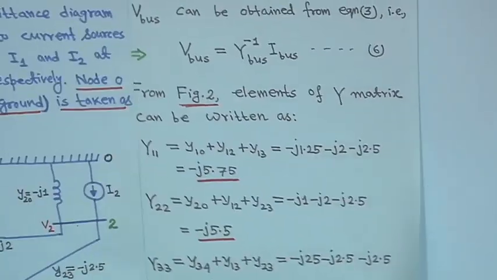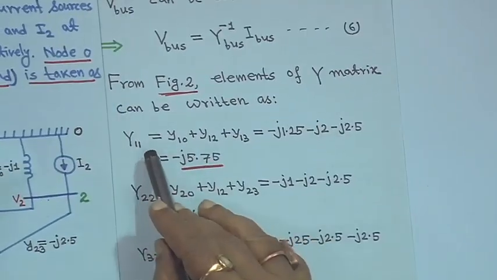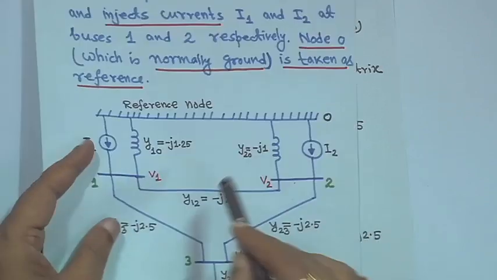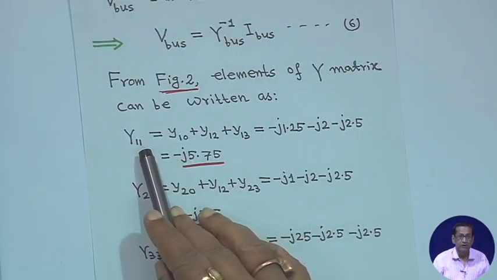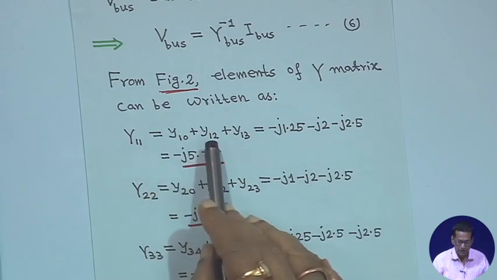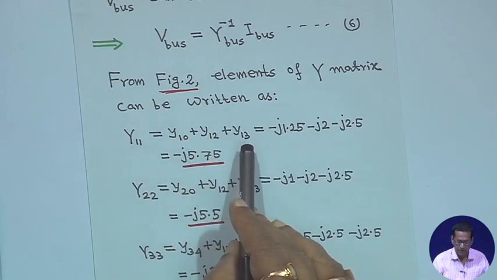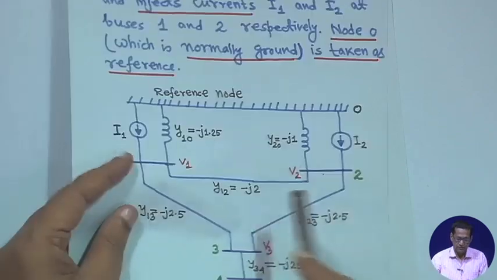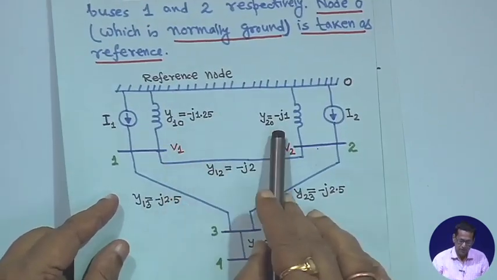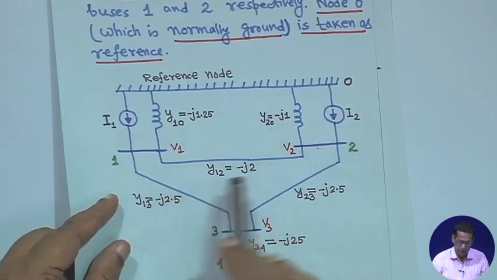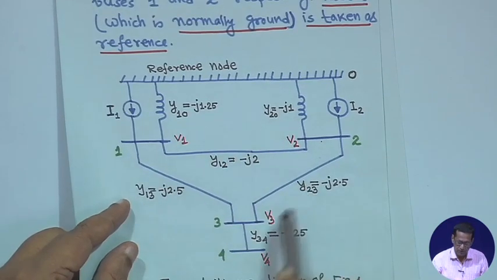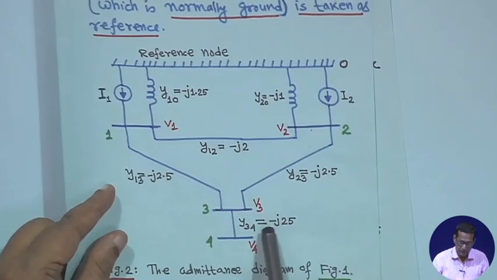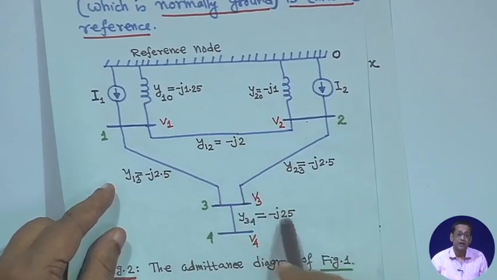From figure 2 you can compute: Y11, as we have just seen, is small y10 plus small y12 plus small y13, right. All these, y10, y20, y12, y13, y23 and y34, are known to you, right.